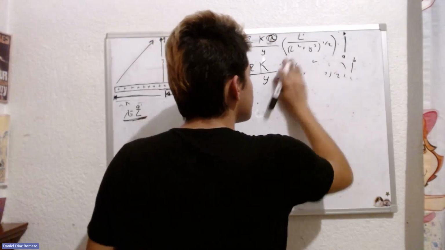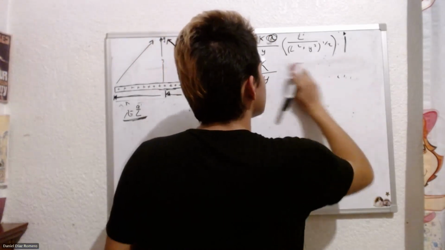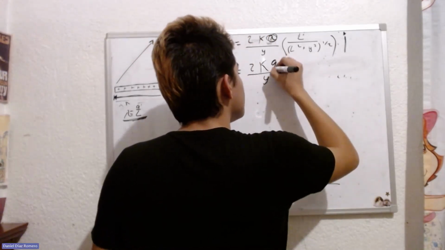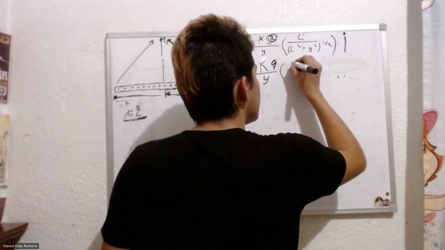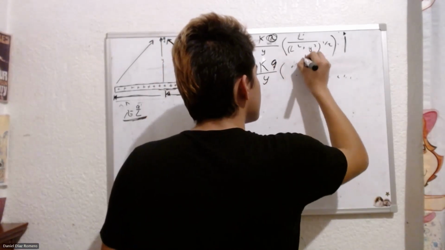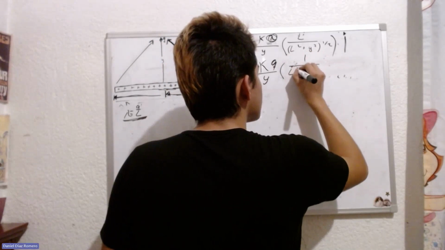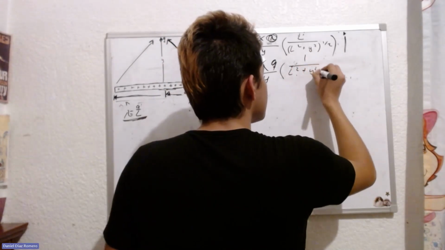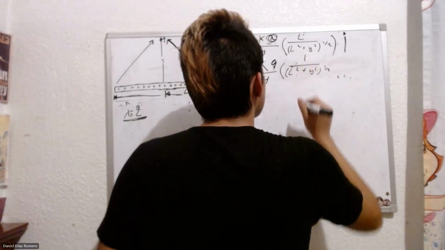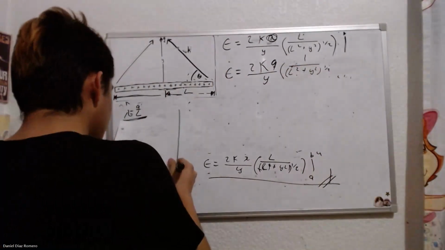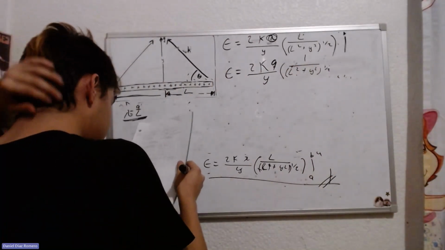E is equal to k lambda over y, but lambda now is Q over L. So we can rearrange the function as the following: Q, and here's a 1, over L squared plus y squared to the 1.5. All right.